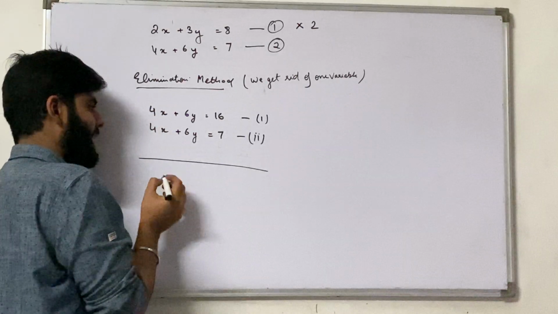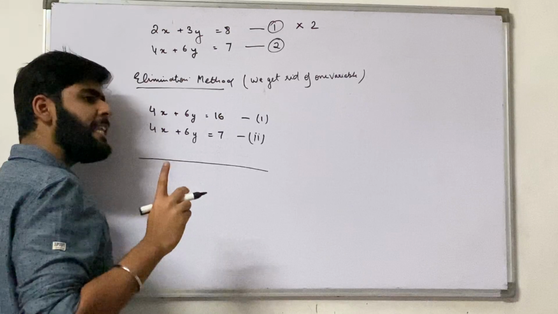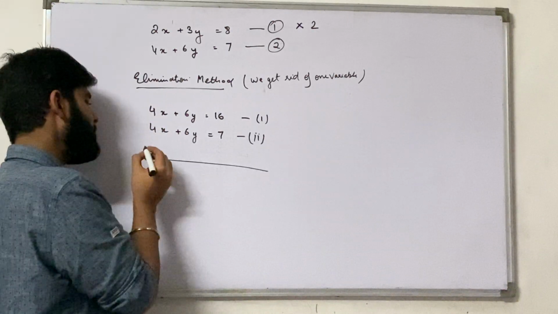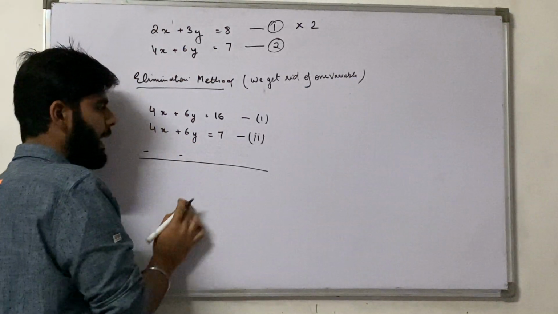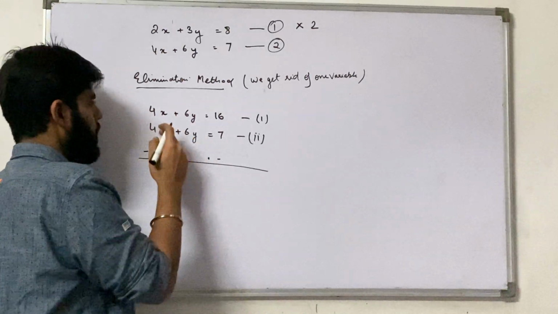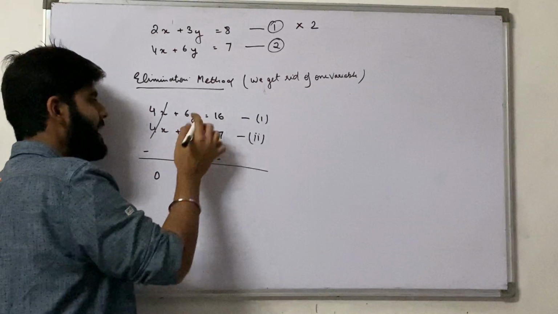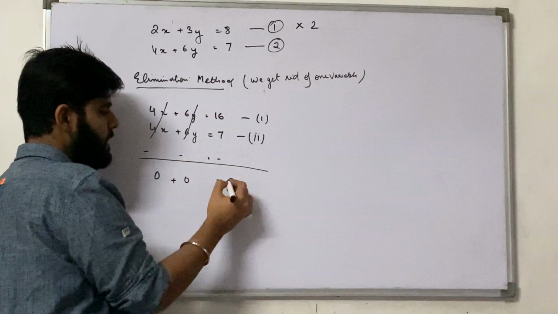When I subtract, the plus sign will convert to negative. In this, 4 has a positive sign, this will convert to negative. 6 has a positive sign, this will convert to negative. 7 has a positive sign, this will convert to negative. Now 4x minus 4x is 0, 6y minus 6y is 0, and 16 minus 7 is 9.